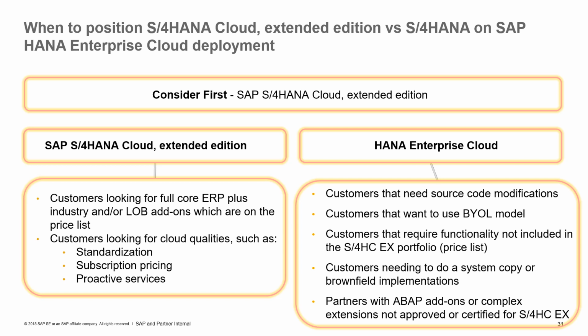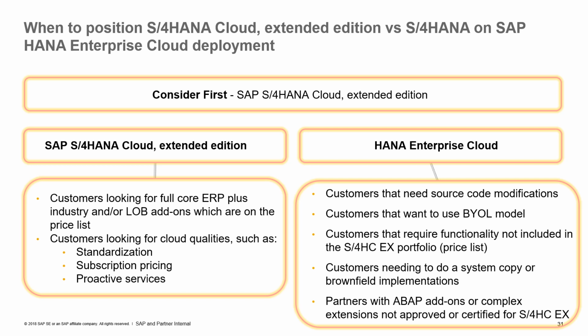The customers already own S4HANA on-prem licenses, and they would like to bring these licenses to cloud. This is where we add the HEC infrastructure and all of the services around it, and we provide S4HANA in a BYOL model in HANA Enterprise Cloud.